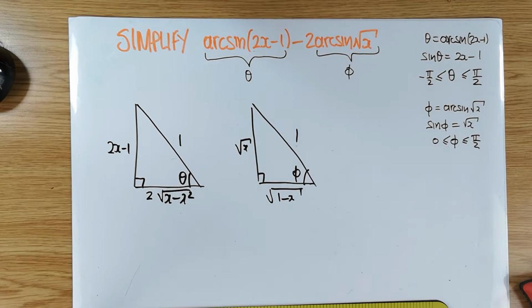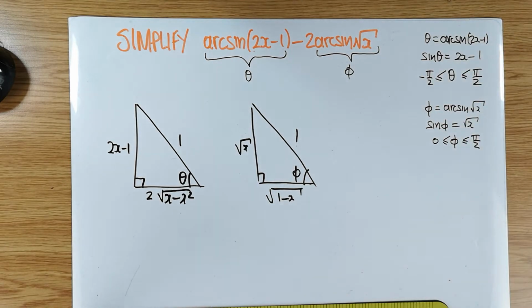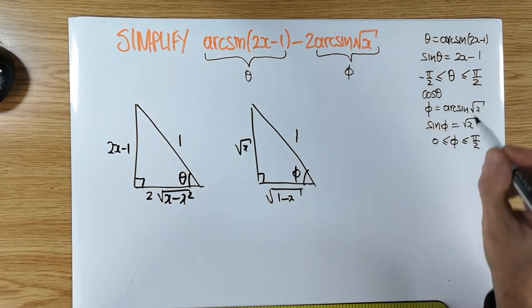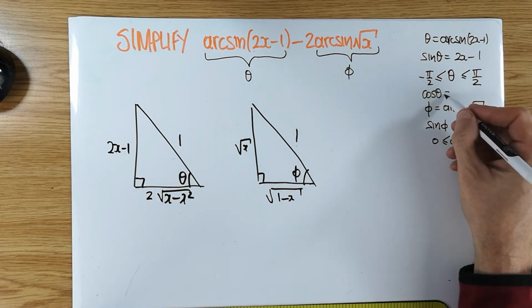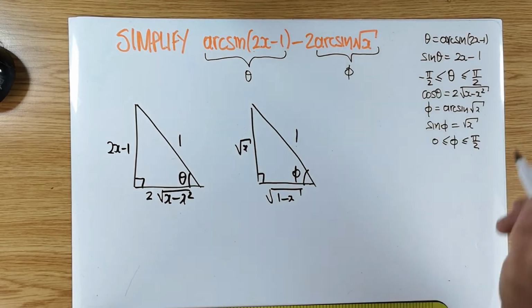So from these two triangles, I now obtain additional information. I was going to put a line here to separate the two things, but conveniently I now have enough space to write my cosines in there. So perhaps I should use that space to write the cos of theta. The cos of theta is adjacent over hypotenuse, so that is 2 times the square root of x minus x squared.